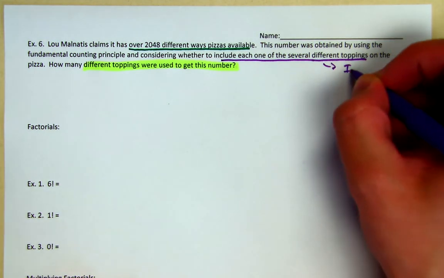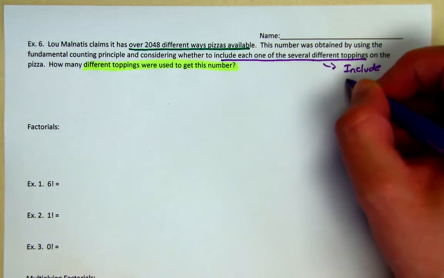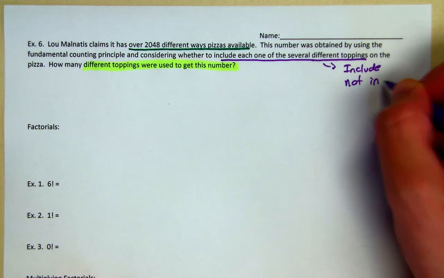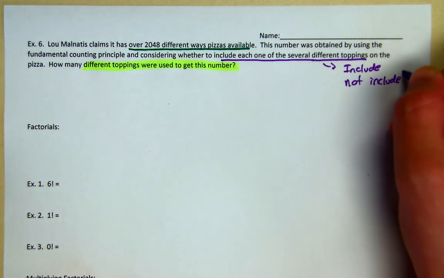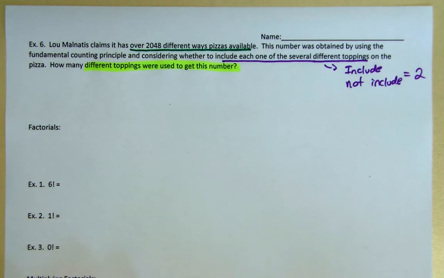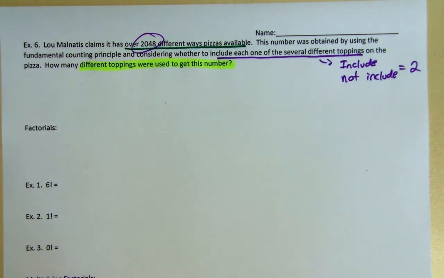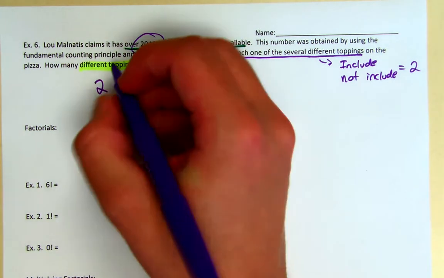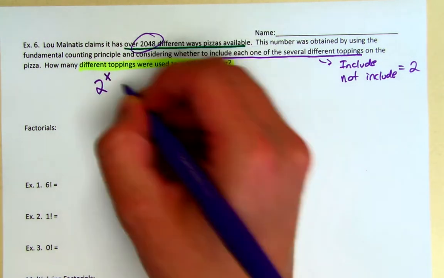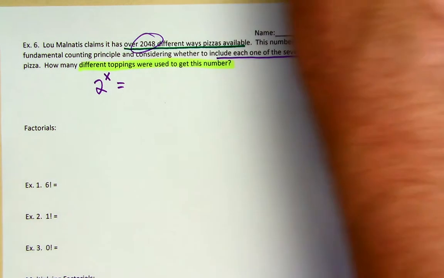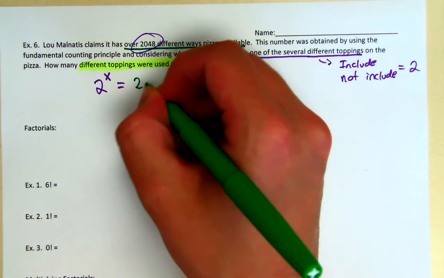So you can include or not include. So that's two options. So it's 2 times 2 times 2 times 2 times 2 to get this number eventually. So working backwards, we know we need 2 to some power equals the total here, 2,048.